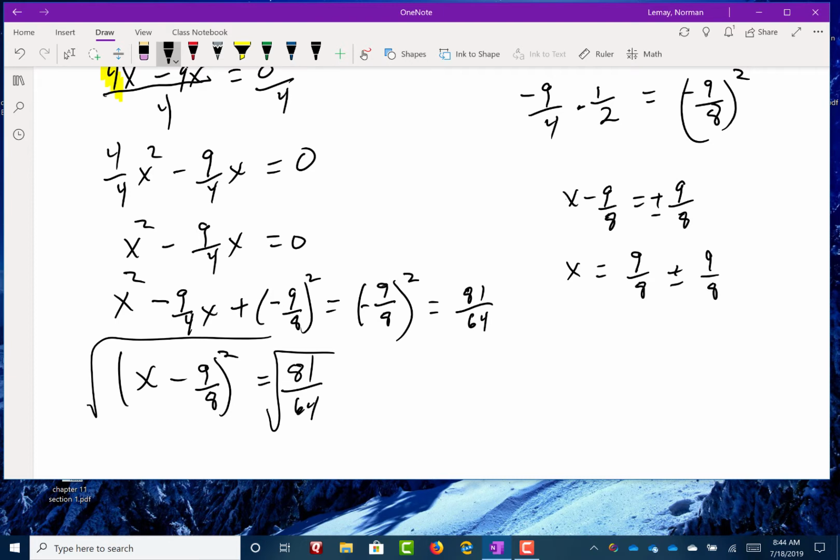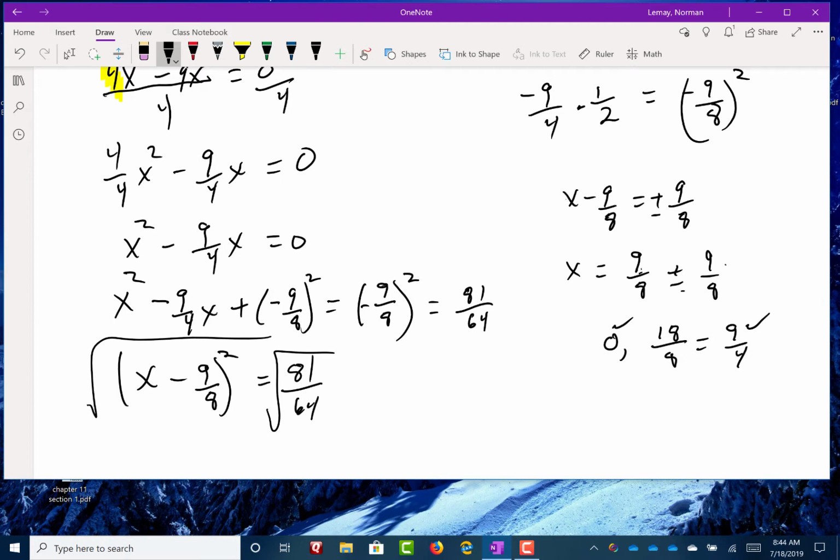Let's note that 9/8 minus 9/8 is 0, and 9/8 plus 9/8 is 18 over 8, which reduces down to 9/4. So 0 and 9/4 is what we would enter into our math lab.